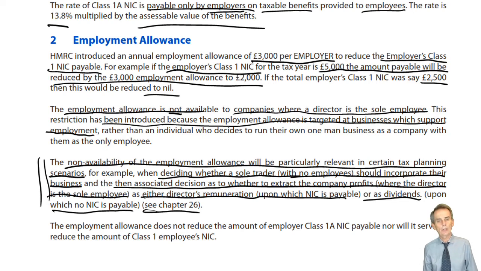If you are asked to deal with an employee and compute the employer's Class 1 NICs, then you do not deduct the employment allowance. It is not a deduction from one specific employee's employer NICs. It's a total deduction from all of the employer's Class 1 employer national insurance contribution payments.